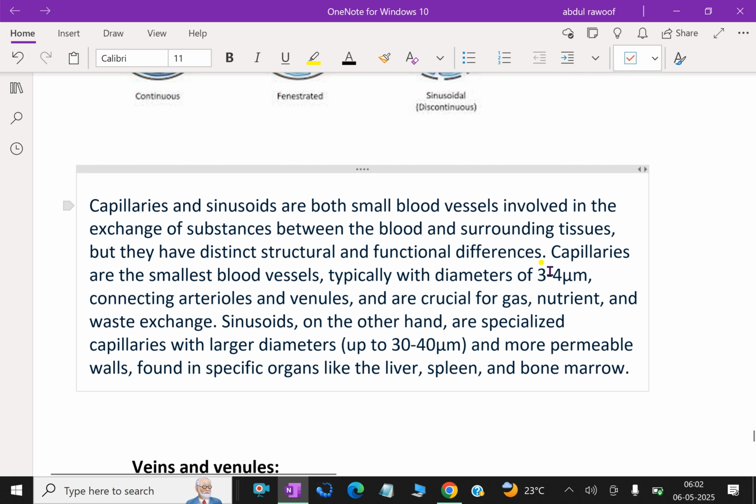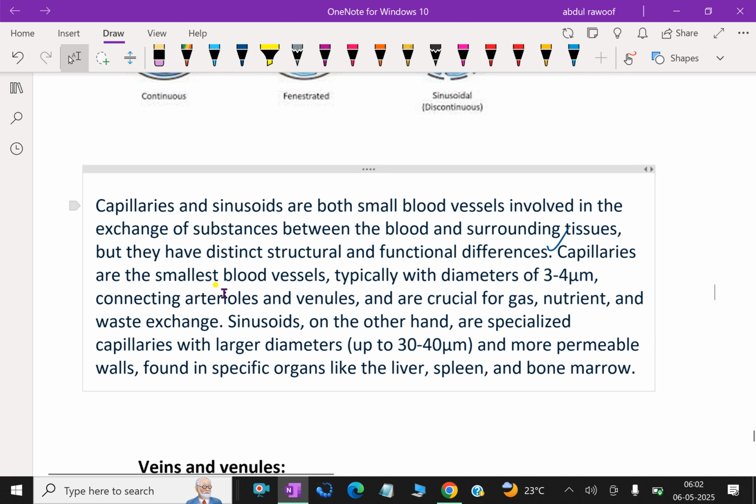Capillaries are the smallest blood vessels, typically with a diameter of about 3 to 4 micrometers, connecting the arterioles and venules, and are crucial for gas, nutrient, and waste exchange. Sinusoids, on the other hand, are specialized capillaries with larger diameters, up to 30 to 40 micrometers, and more permeable walls, found in specific organs like the liver, spleen, and bone marrow.